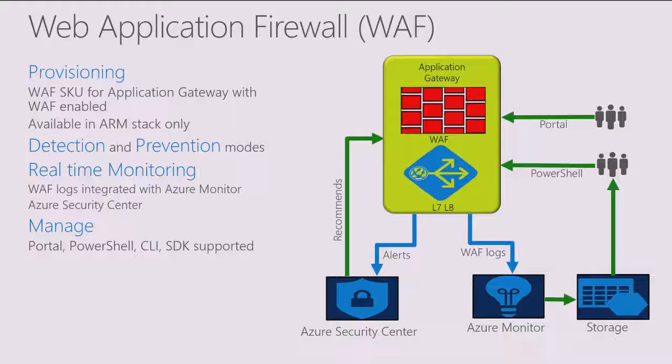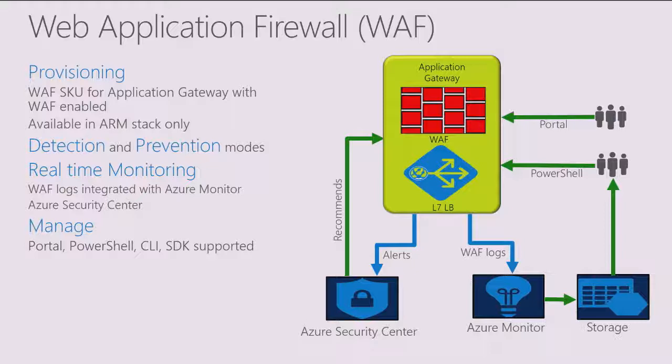Essentially, you choose two modes, either a prevention or a detection mode. As the name suggests, detection mode just monitors your web application traffic. It does not stop the attack. This is good for you to monitor your web application and see what kind of exploit pattern it's getting, if it is seeing any attacks or if it is seeing any malicious traffic.